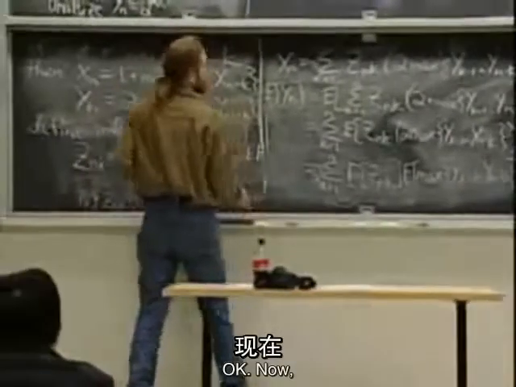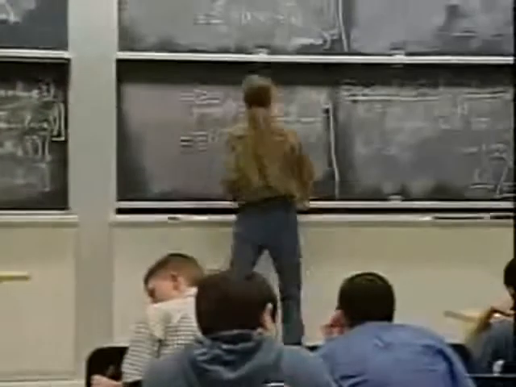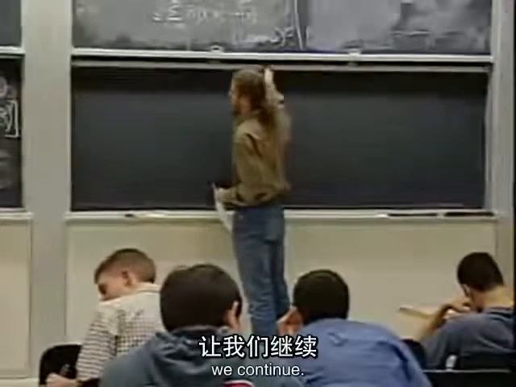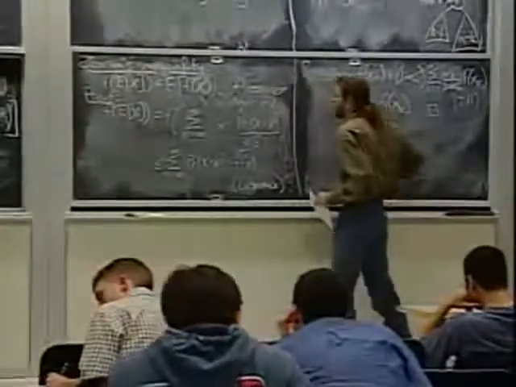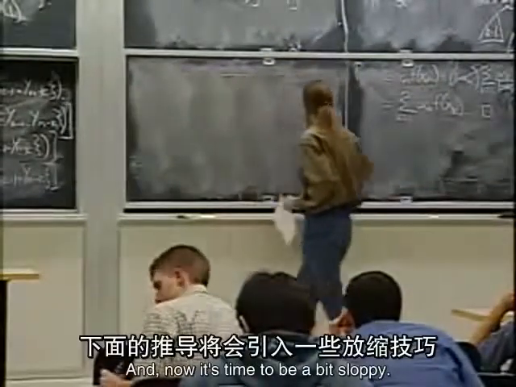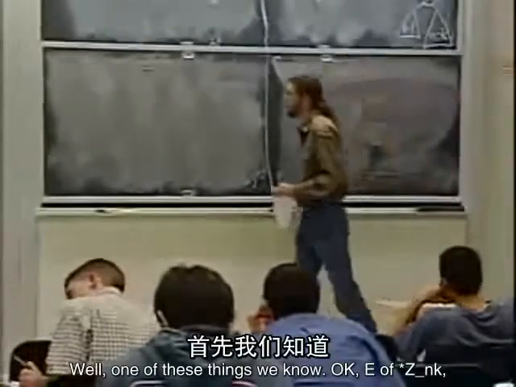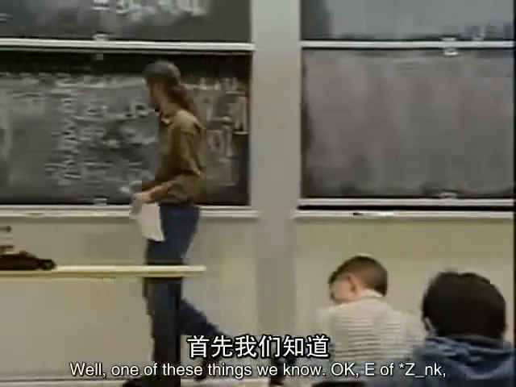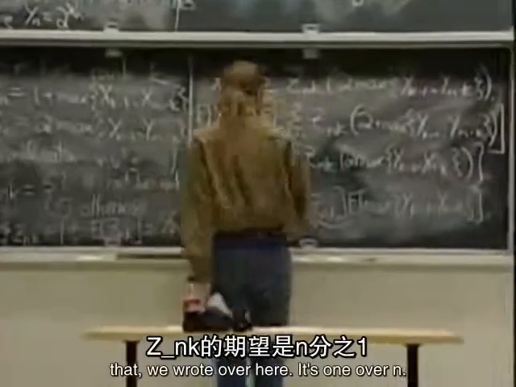Now we continue, and it's time to be a bit sloppy. One of these things we know: the expectation of z_nk, which we wrote over here, is 1 over n.